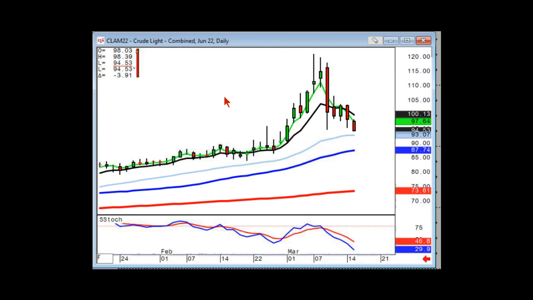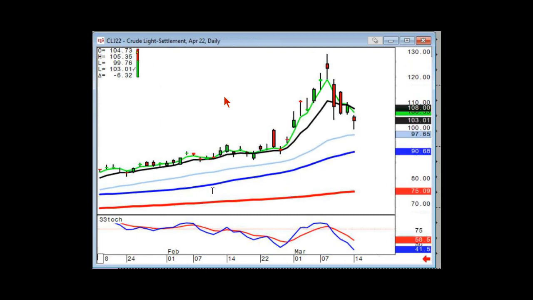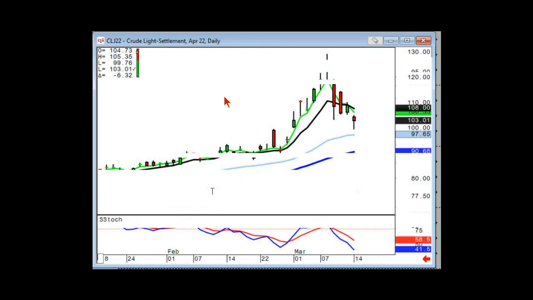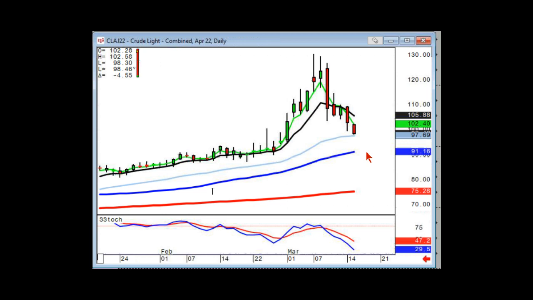Let's see, what is the April? So CLAJ. Looks like they're coming back to the 50, taking you down to about the $90 area. Look at your big reversal.